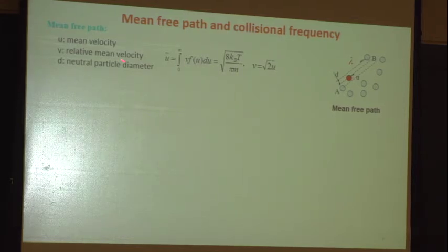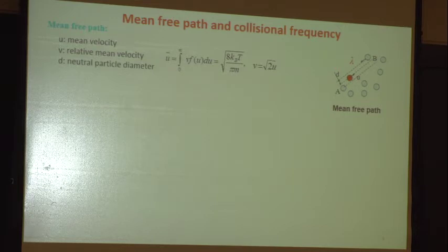If you have a mean velocity of particles, u, the relative velocity calculated between two different particles is about square root 2 of u, as you probably learned from statistical mechanics. The mean velocity is the velocity times a distribution function at the temperature.